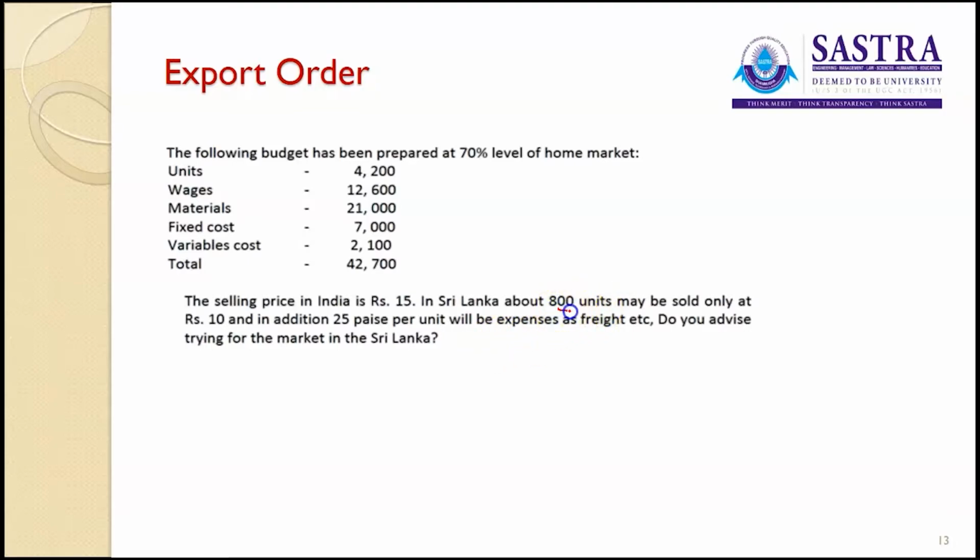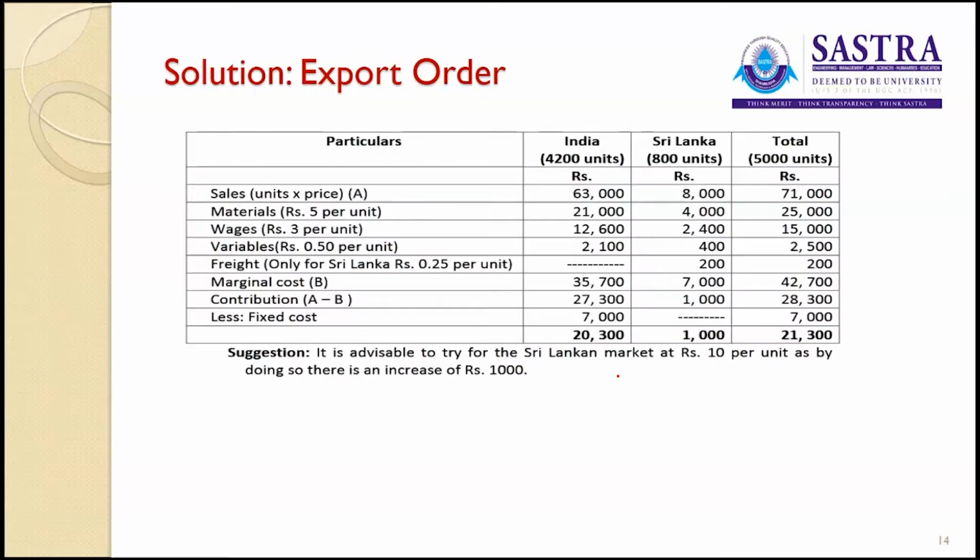About 800 units can be sold only at 10 rupees, and in addition 25 paise per unit will be the expenses for freight, etc. So we are going to add another expense, that is a freight expense for the Sri Lankan order itself. Do you advise trying for the market in Sri Lanka, whether the Sri Lankan market can be accepted or not?